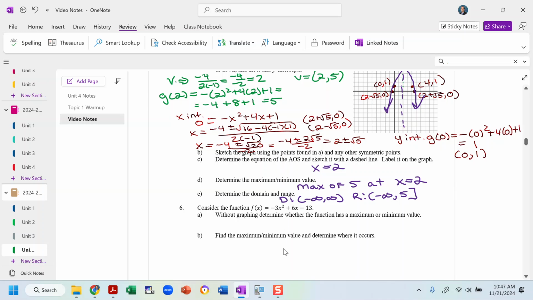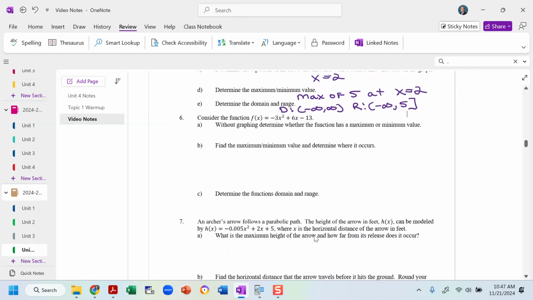All right, so a couple things here. Without graphing, we can determine whether the function has a maximum or minimum value, because if it goes downward, it has a maximum, and this one, because a is negative, will go down, so therefore there's a maximum value. Now, to find the maximum value, we have to find the vertex.